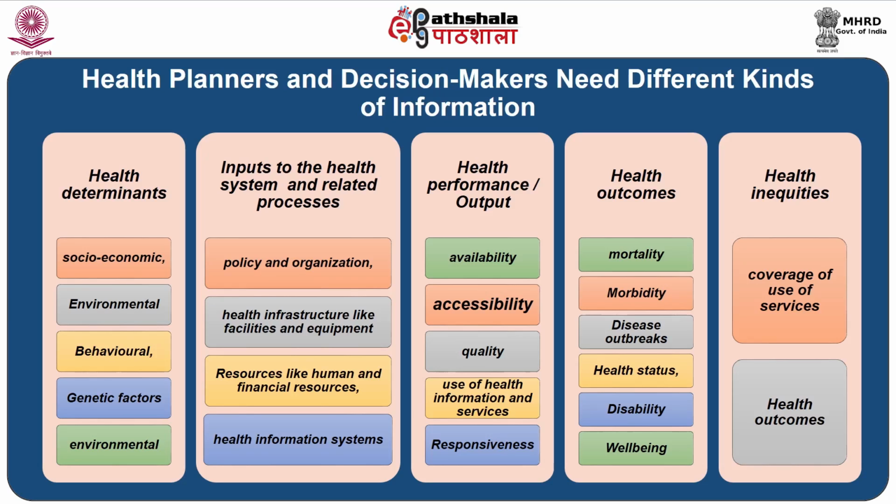Information is also required by policymakers about the performance or the output of the health system, such as the availability, accessibility, quality and use of health information and services, responsiveness of the health system to users' needs, and financial risk protection.